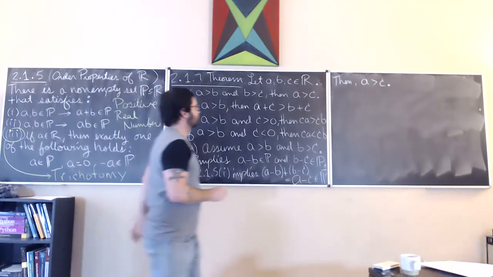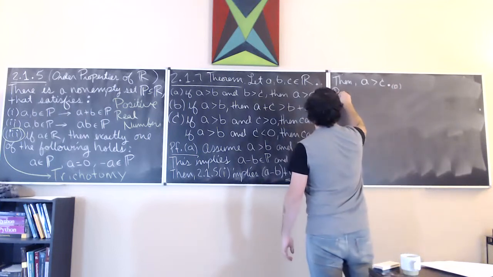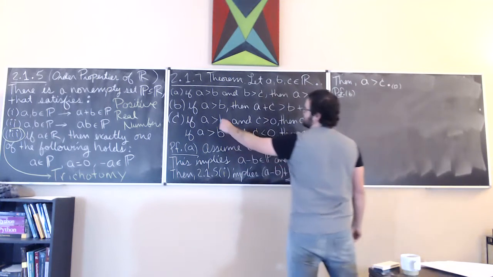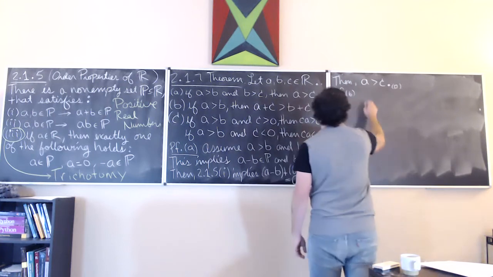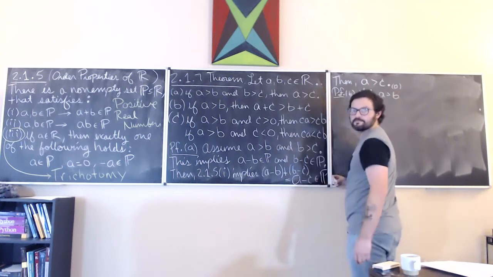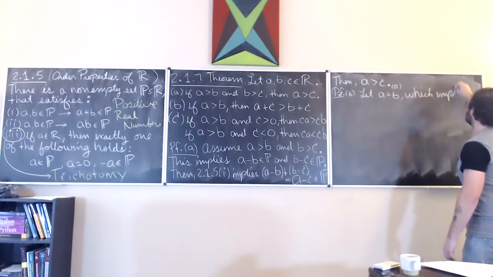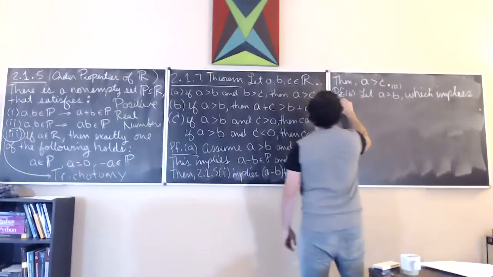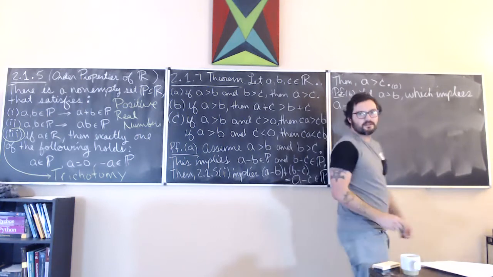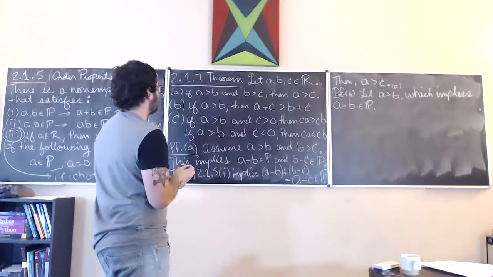So what about part B? This is like a little sub-proof. Now we're going to get the proof of part B. We're going to suppose A is greater than B. So let A be greater than B, which implies A minus B is in P. That's just the definition that we adopted for the inequality symbol.